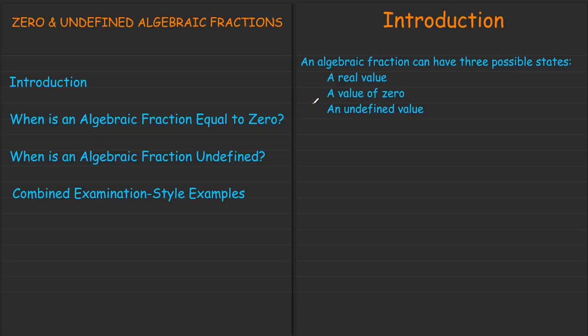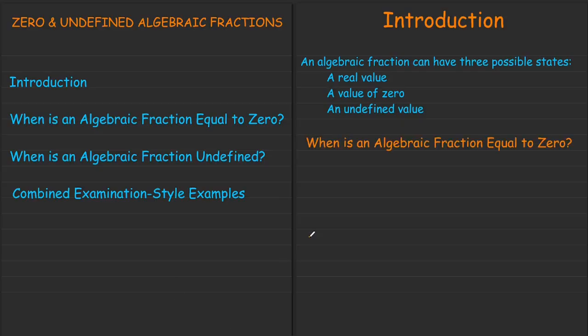Or you can evaluate and your final answer becomes zero, that is, if the numerator is zero. But if you are not lucky and the denominator becomes zero, then it is an undefined value. So we'll look at all these three states. More importantly, we'll look at the value of zero and the undefined value.